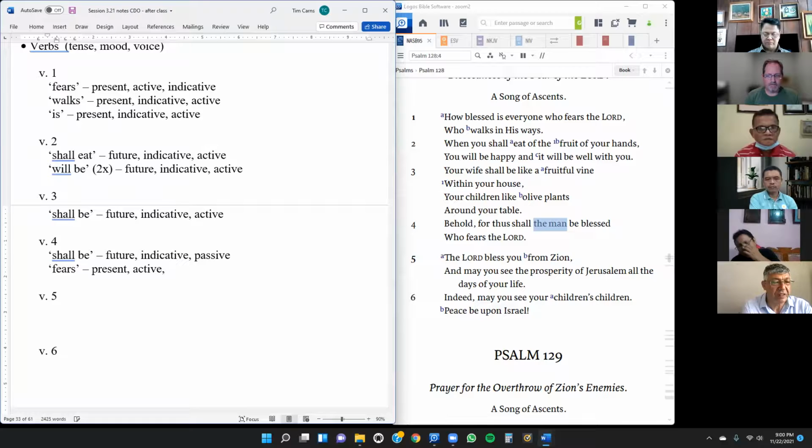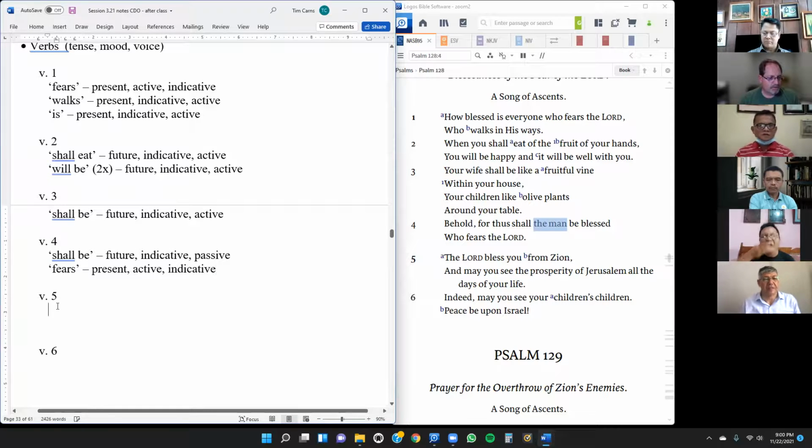Yep. Because the subject, who, is doing the action. And what's the mood? Indicative, imperative, interrogative, subjunctive? Indicative. Yes. It's making a statement. All right. Very good. And I think that's it. Yep. For that one. All right.